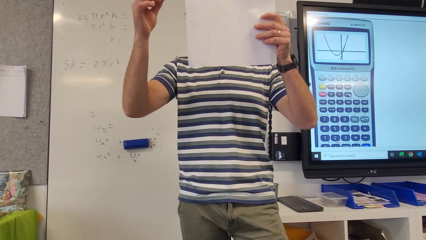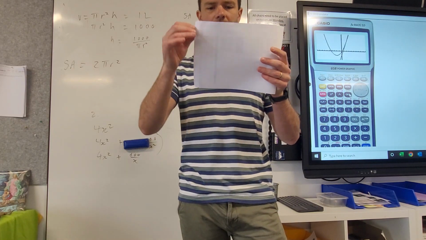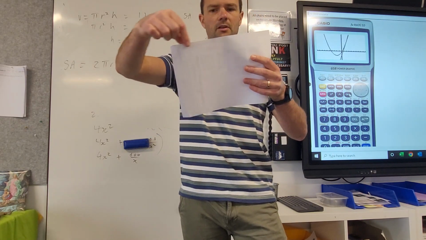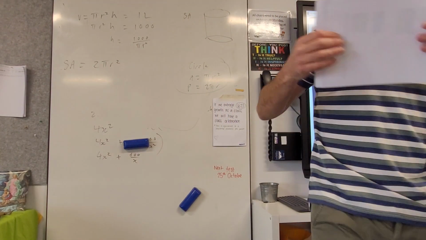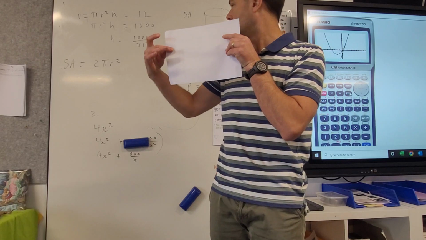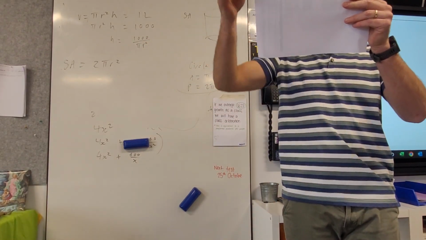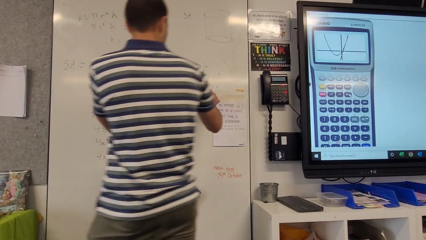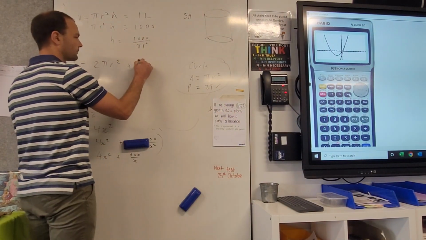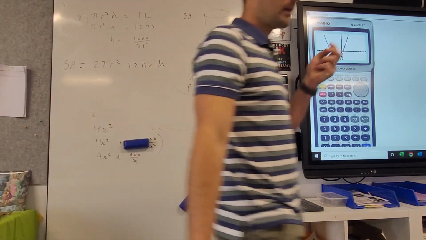And this length here is the height of the cylinder. And what's this length across the top? The circumference of the cylinder, okay? So that means the area of this rectangle part is the circumference times the height, okay? And the circumference of a cylinder is 2 pi r. And then we've got the height, okay?